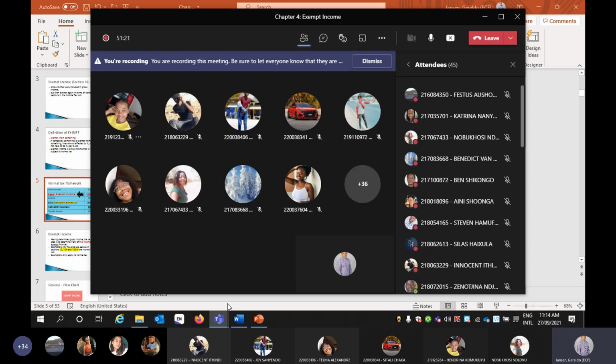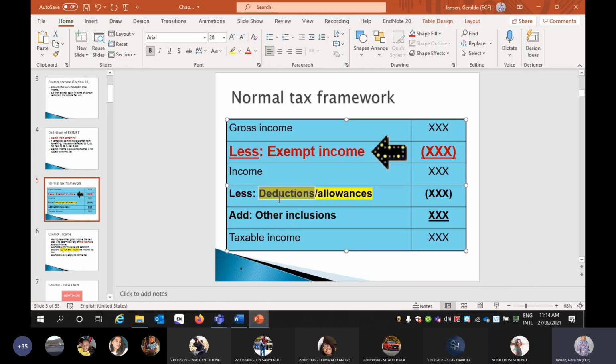I'm waiting. Silas? Quite really didn't get your question, the last part. Okay, the question is, why do you think the government would allow you to deduct an amount? I just told you guys, you sometimes have a deduction, but you've never included that amount in gross income. Remember, for exempt income, you should have included at least something in gross income in order for you to exempt.